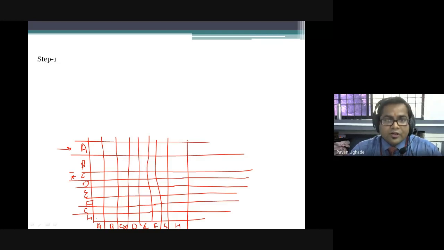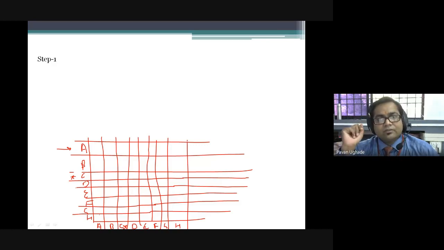We are going to find out equivalent states. Let me ask you, whether a state A is equivalent to itself, yes or no? Yes, it is equivalent to itself.